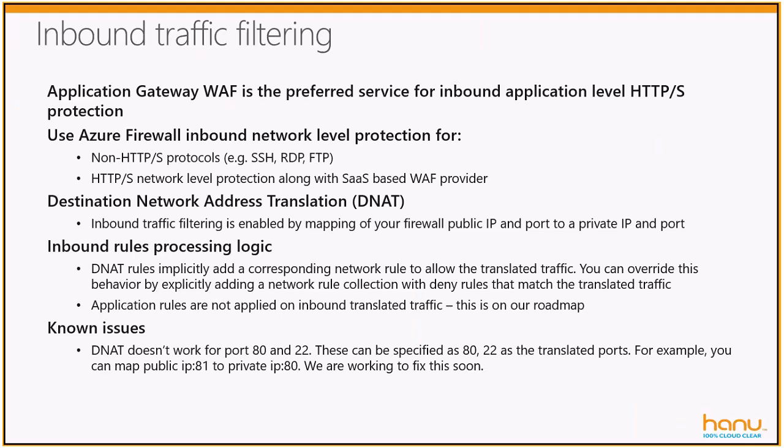Okay, let's dive deep into each and every term that we saw right now. So the first one is inbound traffic filtering. I was talking about Application Gateway, that is WAF, Application Gateway web application filtering. It is based on HTTP and HTTPS, so basically it is for web applications. Most of you might be thinking that we already have NSGs for this purpose.